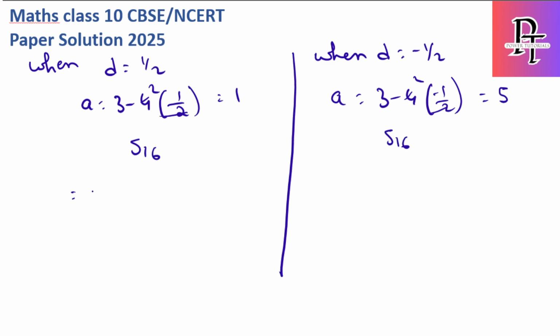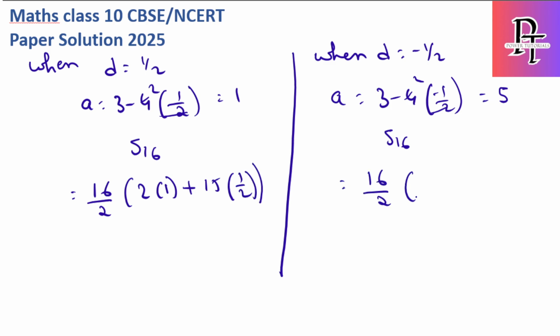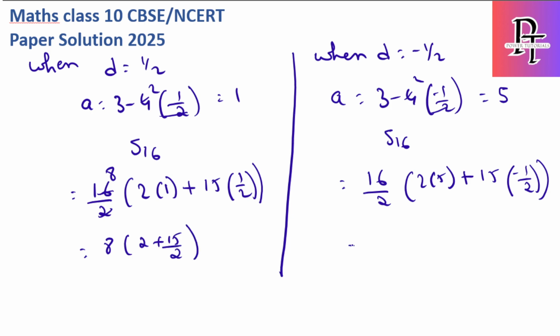Sn formula is n by 2 into 2 into A plus n minus 1 into D, that is 16 by 2 into 2 into A value, which is 1, plus 15 into D value, 1 by 2. Here 16 by 2 into 2 into A value 5, plus n minus 1, which is 15, into D value, here it is minus 1 by 2. 16 by 2 is 8. 8 into 2 plus 15 by 2, and here it is 8 into 10 minus 15 by 2.